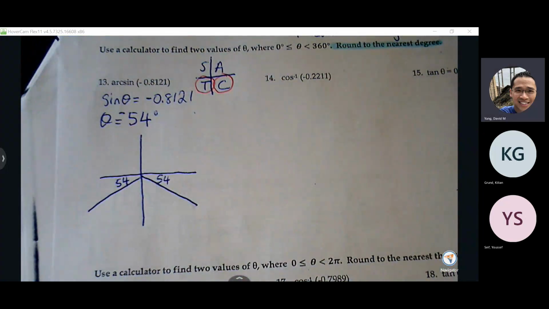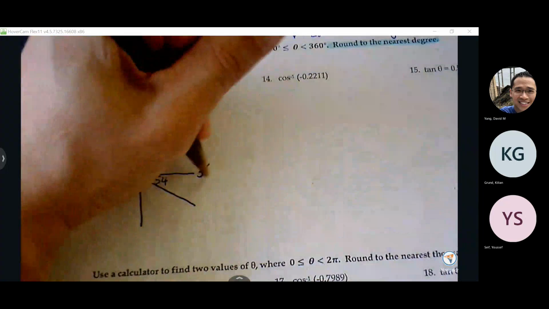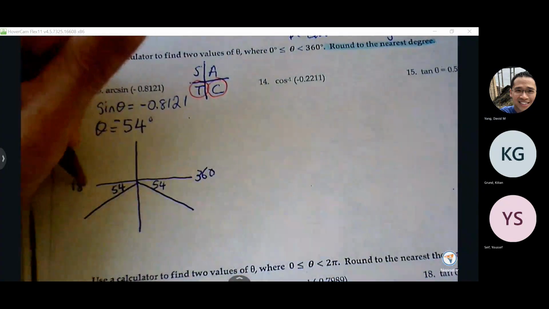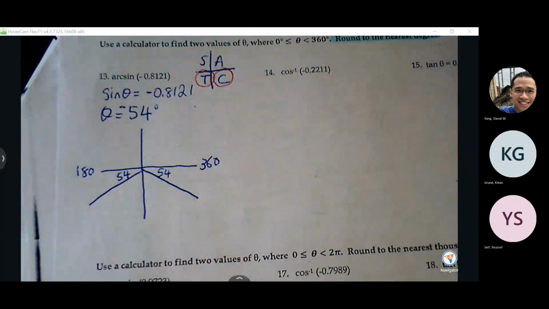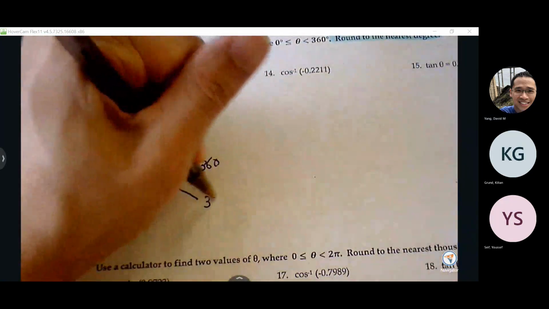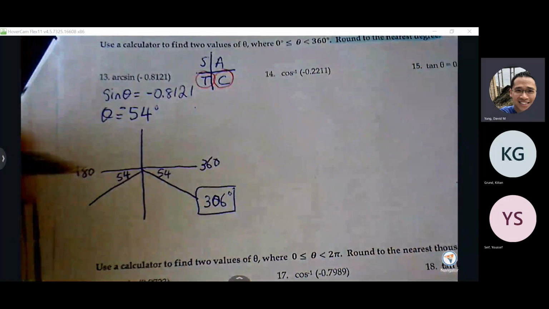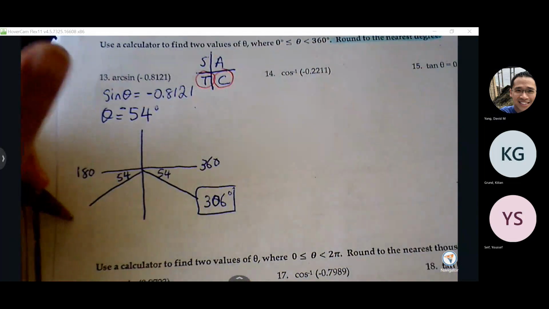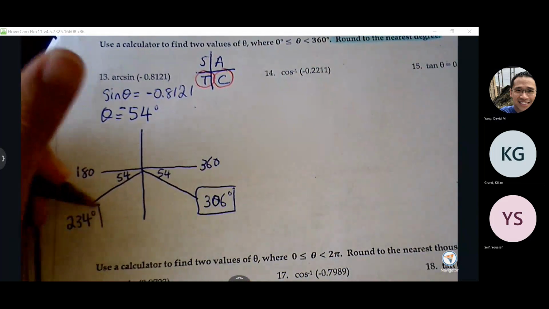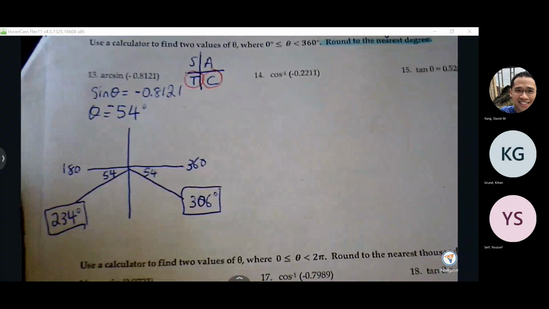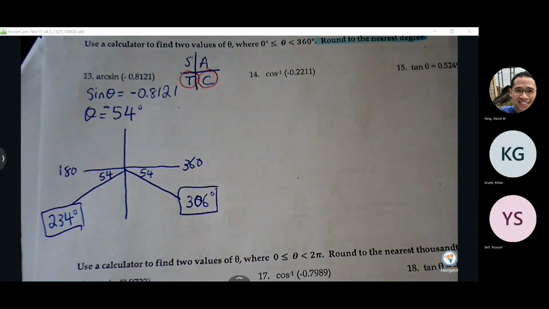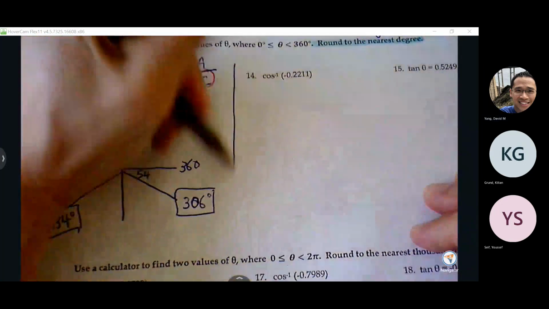So to get to that fourth quadrant value, we're going to subtract from 360. To get to that third quadrant value, we're going to involve 180. Okay, so 360 minus 54. 180 plus 54. Okay. Inverse cosine of negative 0.2211.